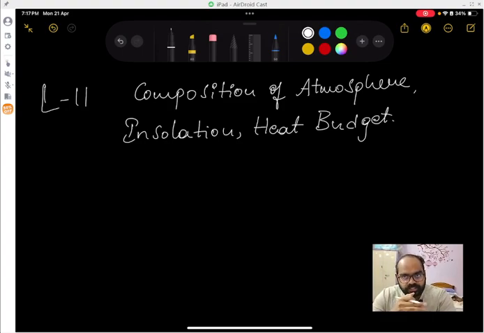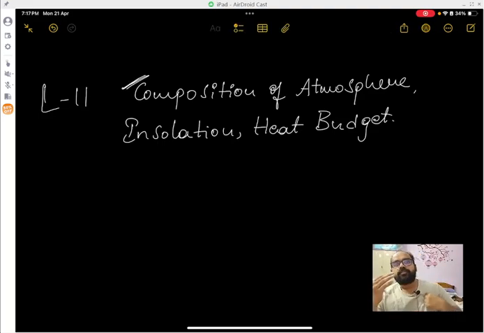In yesterday's class we learned that the atmosphere was very dense in its primordial form. After that, the primordial form was erased by solar winds, and due to volcanic activity and the rotation of the Earth, the atmosphere developed.